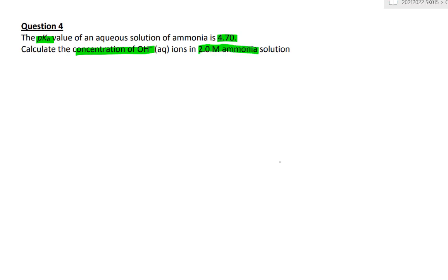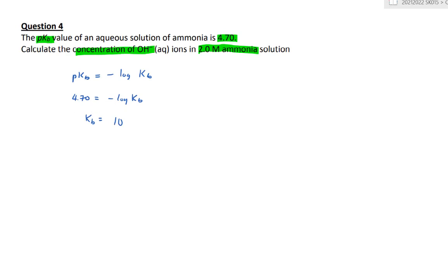In this case, you need to convert this pKb value into Kb, applying the formula pKb equals negative log Kb. You have 4.70 for the pKb value. Rearrange that to get a shift log. Don't forget to bring the negative sign over to the 4.7 here.